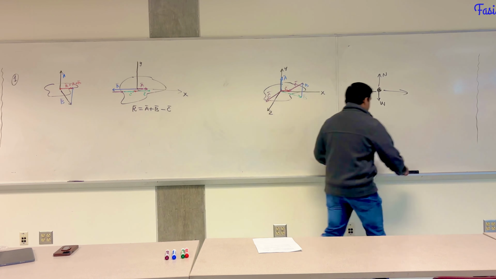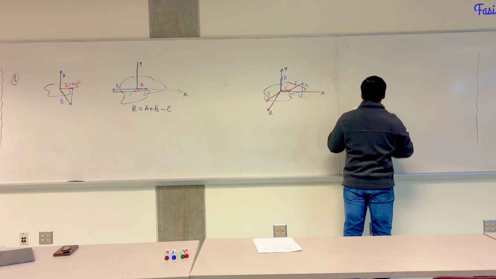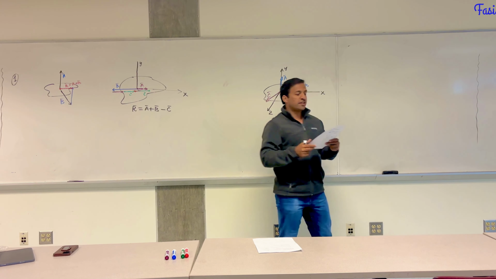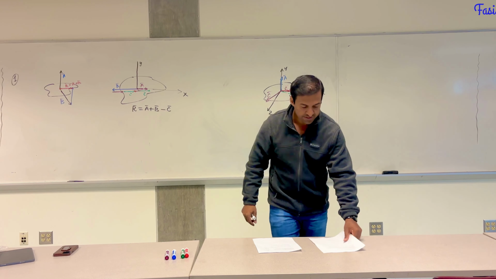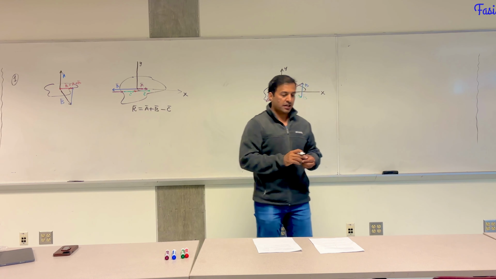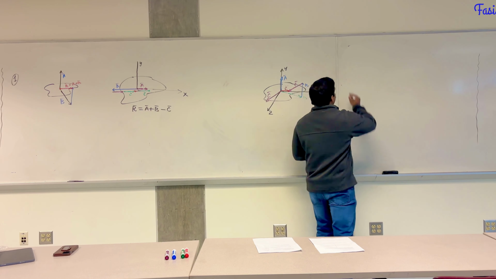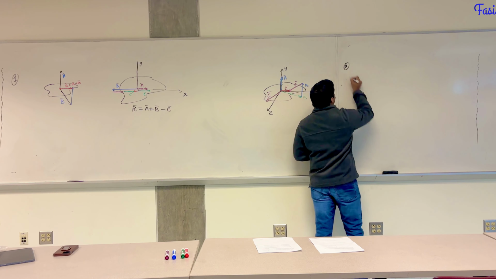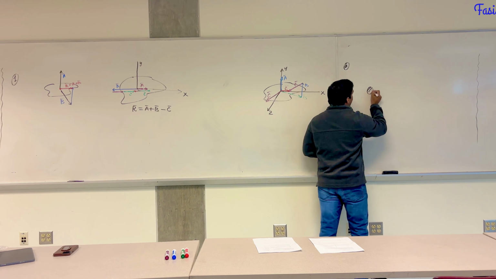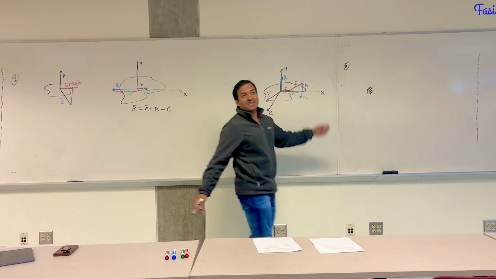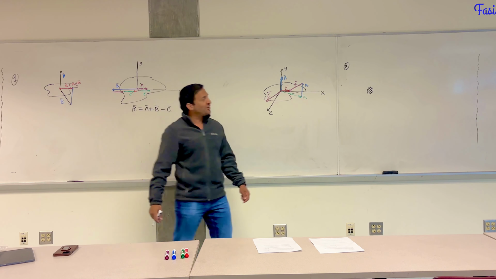The first one is a heavy crate being lowered straight down at a constant speed by a steel cable. So the object is the crate. This is the crate, and it just looks like me as I drew myself in a free body diagram.